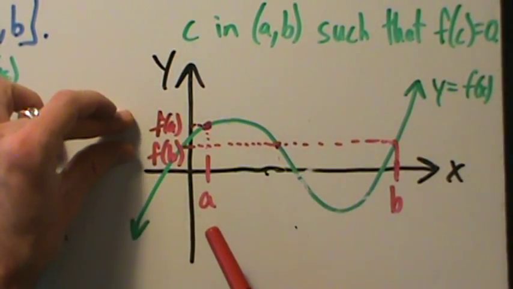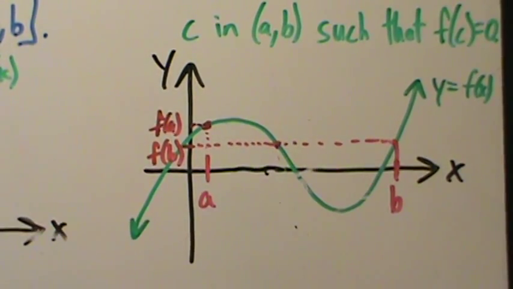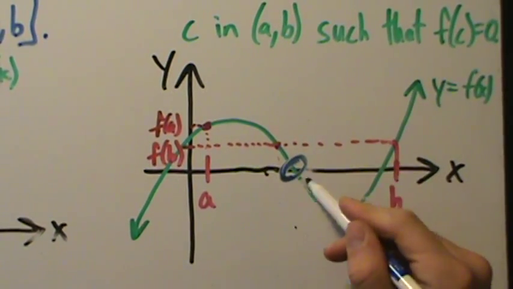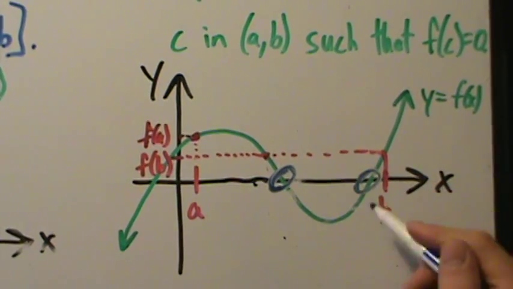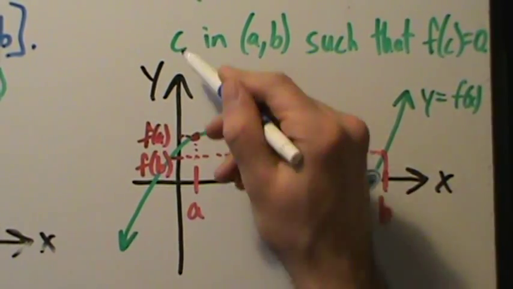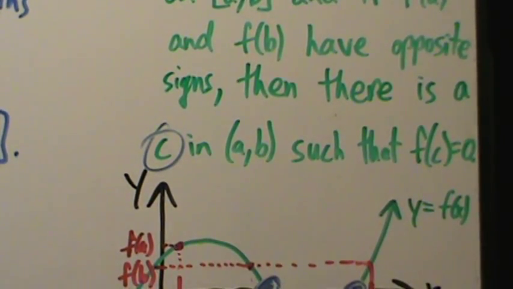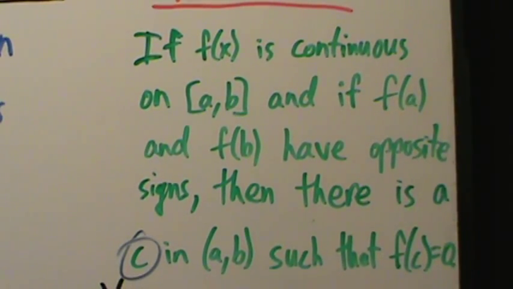They both have the same sign, but here we actually see that there is some point where the function crosses the x-axis. So there is the number c such that f of c is 0. And actually here's another one, so here are two values of x such that f of x is 0. So we do have this number c. Again, my point is that if you don't have these conditions, then you just cannot conclude anything.